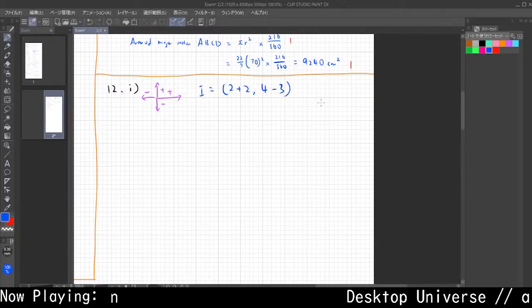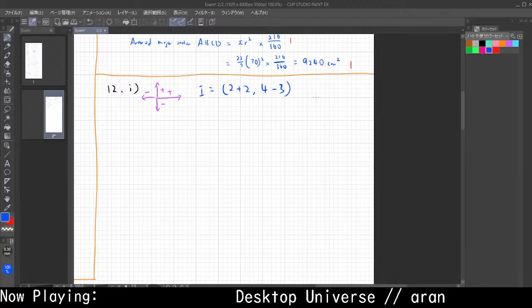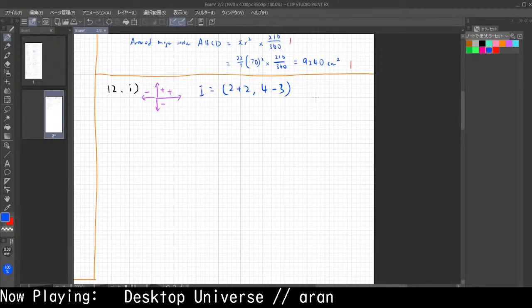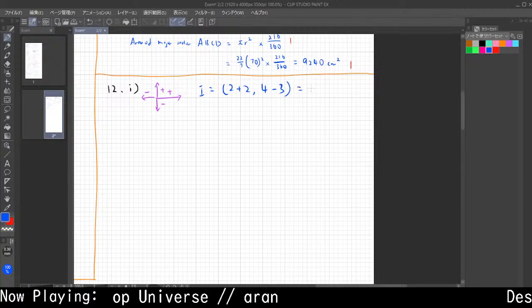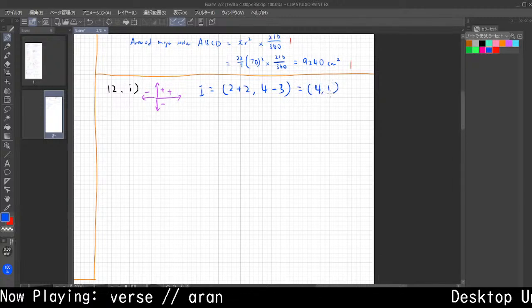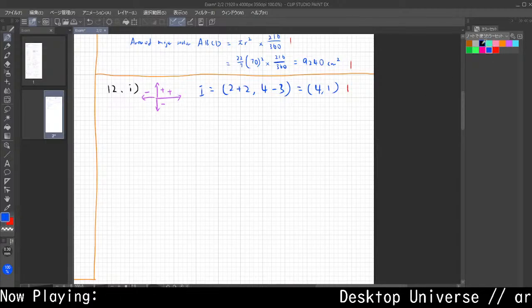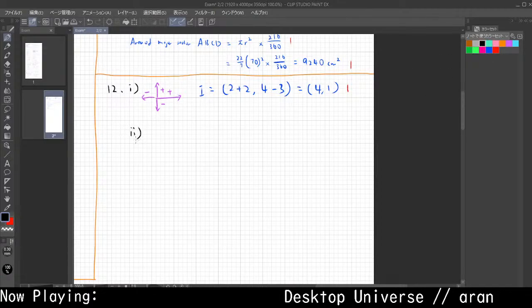You just add your starting point with how much the translation moves. So in this case, you will get (4, 1), and this will be the answer. This will give you 1 mark. Okay. Next, we have 2.